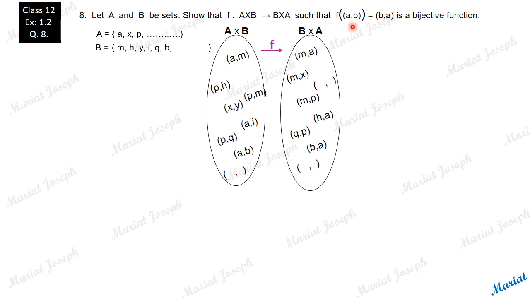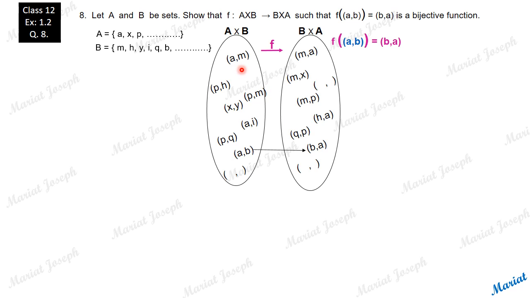How? Using this rule. The rule says any element (a, b) would be related to element (b, a). That means the image of an ordered pair in the domain is just an ordered pair formed in the reverse way.